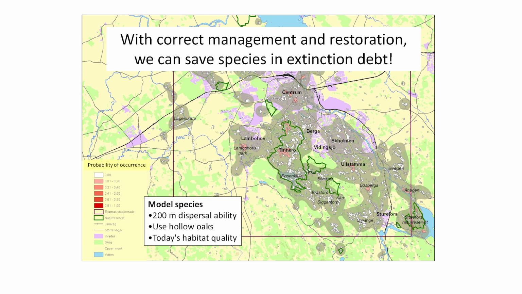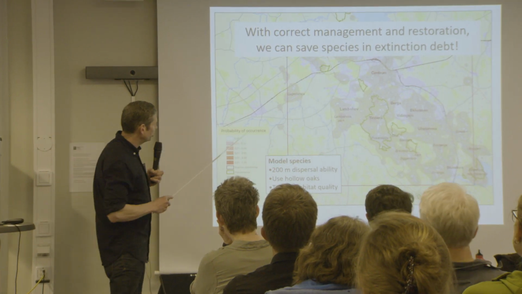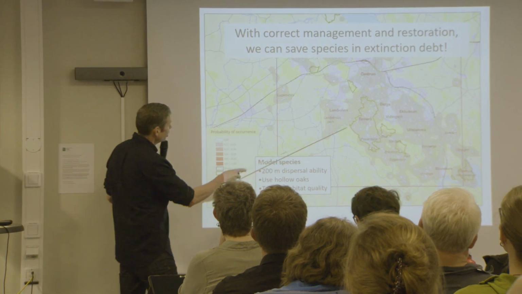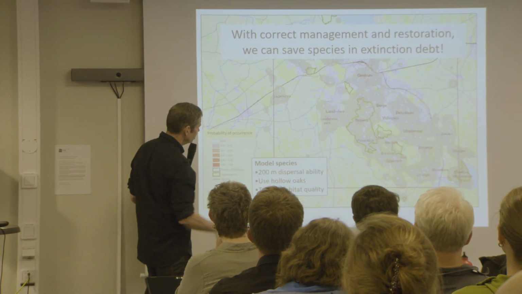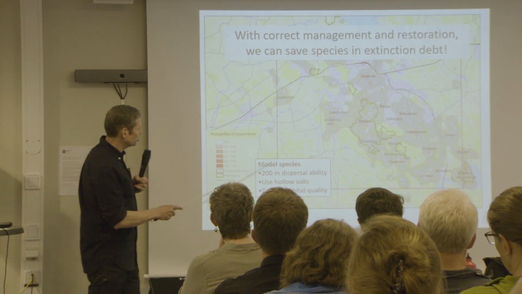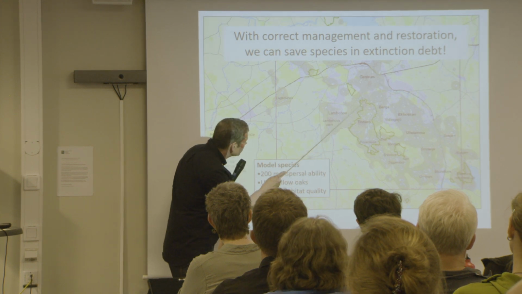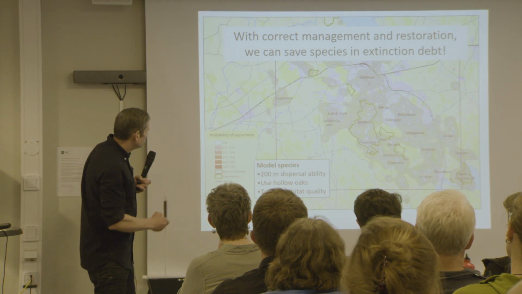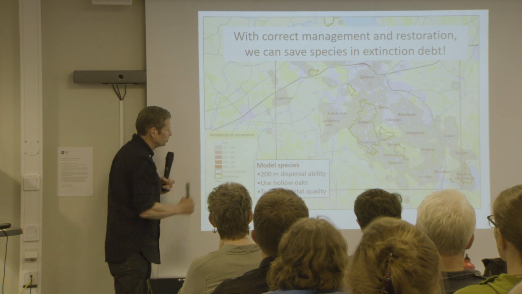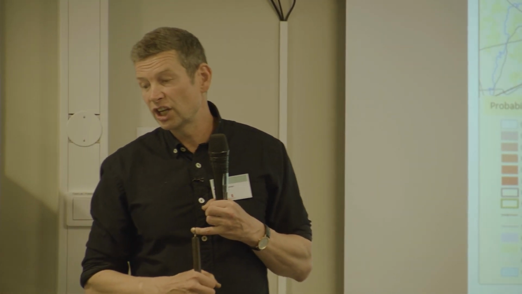We made one study here just south of Linköping, and this is probability of occurrence. White areas have a very low probability of occurrence of a model species with 200 meters dispersal ability that use hollow oaks. And as you can see, you have a few areas here that are pinkish, and that means that you are up to 20% occurrence probability in the landscape.